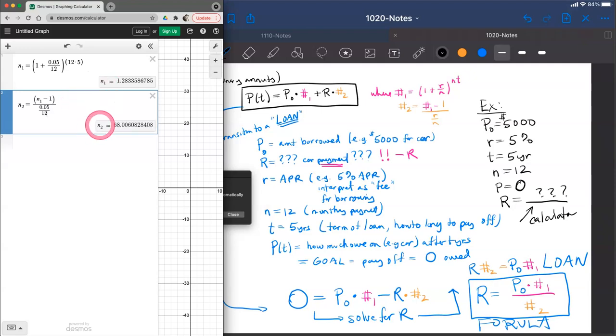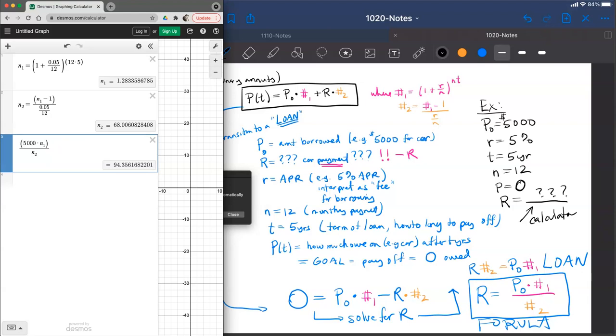So there we have our number 1 and our number 2 values, and my claim is that if we want to find the payment to pay this loan off, I need to take my principal, which is the $5,000 that I've borrowed, multiplied by number 1, and then divide all of that by number 2.